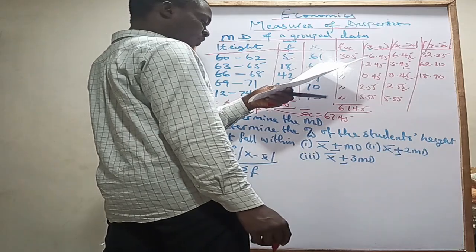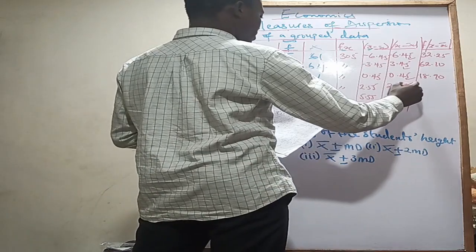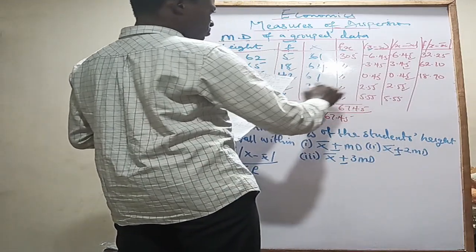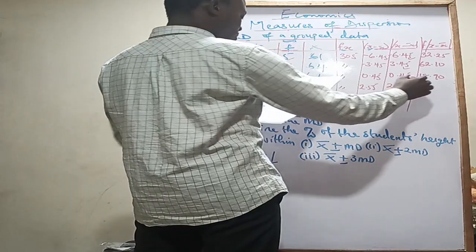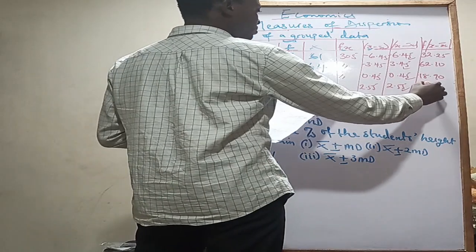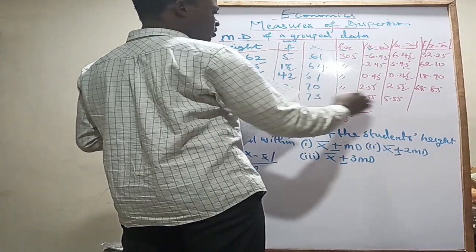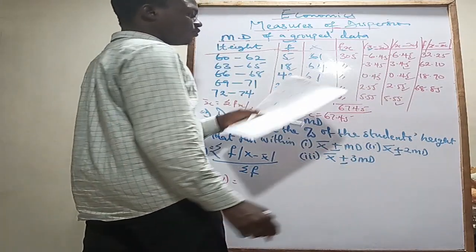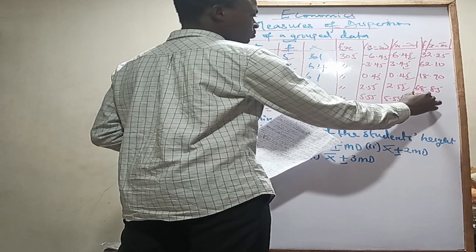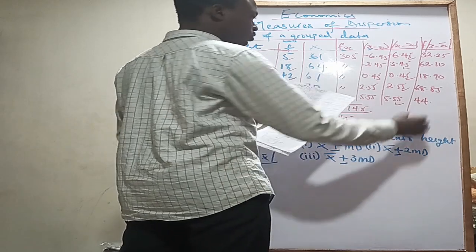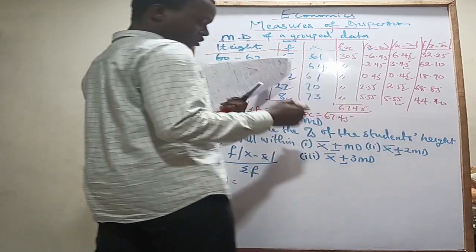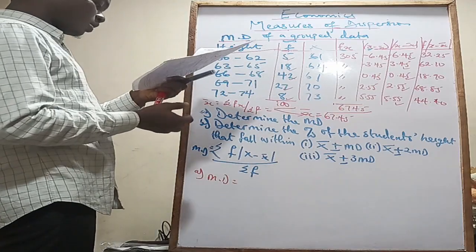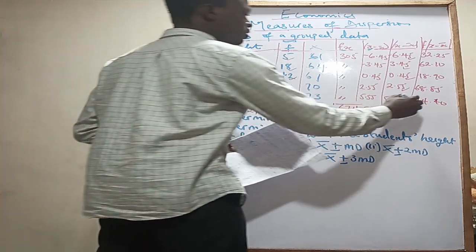So 2.55, 68.85. Then 8 times this, so 44.40. So yeah, we're done. When we are done with that, we have 226.5.